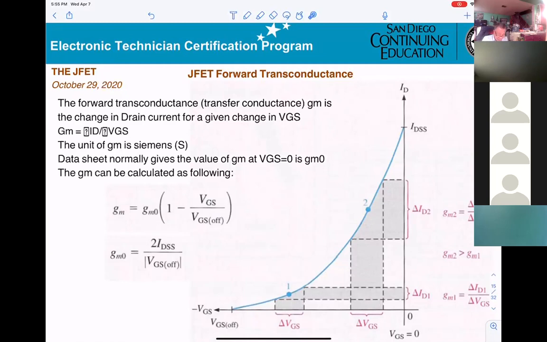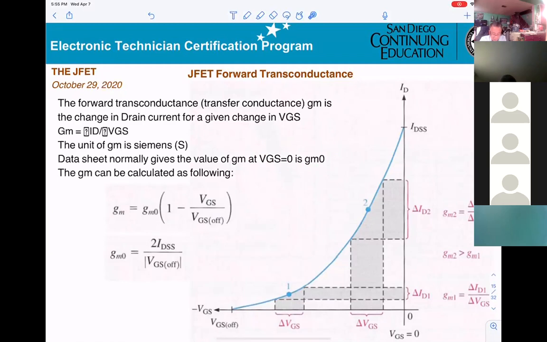In order to calculate the GM, it equals GM0 times 1 minus VGS over VGS off. Normally they give you GM0. By definition, GM0 is the value of GM with VGS equal 0. You must remember that.